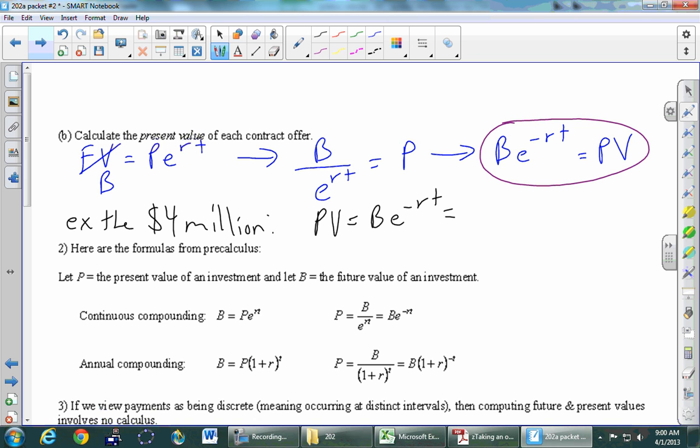What are we hoping the money grows to? 4 million. E to the minus. The interest rate is still 10%, so it's still 0.1 here. Times T. How much is T? It's 2 years. That's how long the money grows for until it's supposed to magically become 4 million bucks.